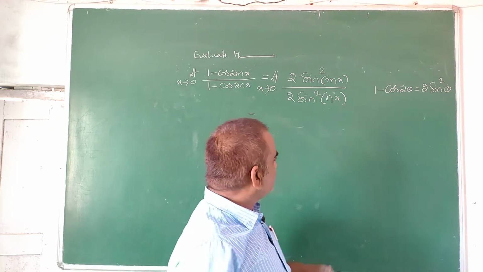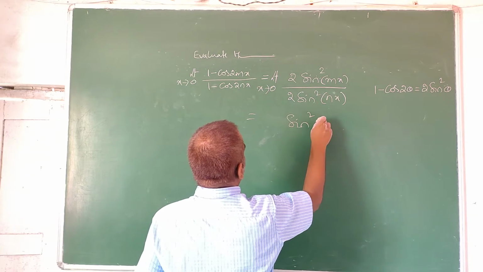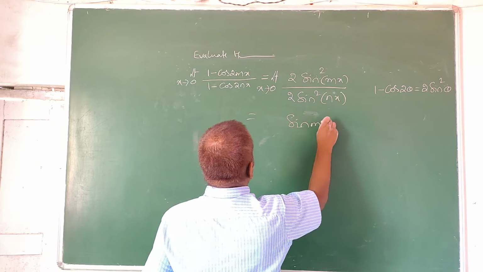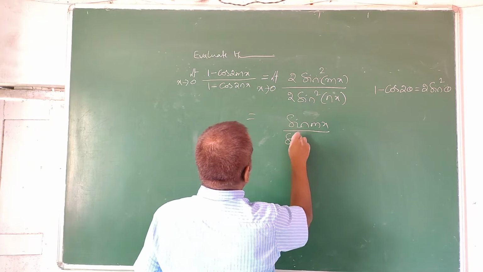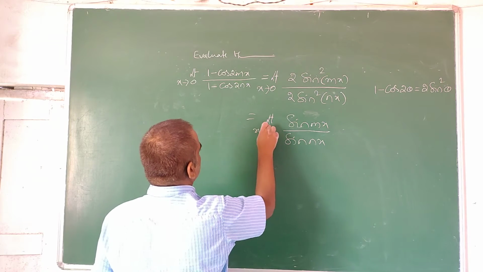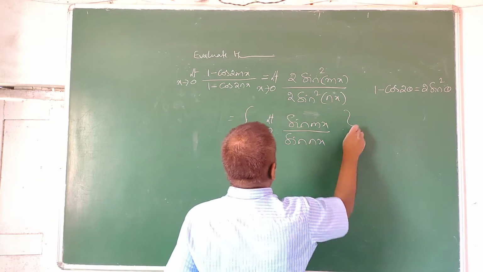Now what happens, the 2 and 2 get cancelled. So it is sin squared mx by sin squared nx, or (sin mx by sin nx) whole squared as limit x tends to 0. You can take it in this way.